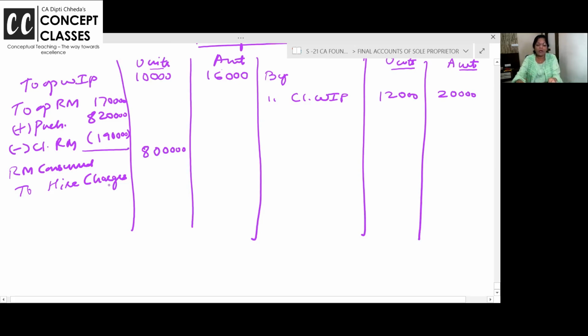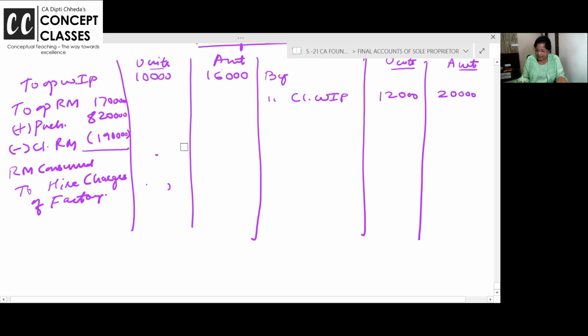One for the factory and one for the machine. So first we'll take hire charges for factory. Hire charges of factory. 2,20,000. That's given ready to you.